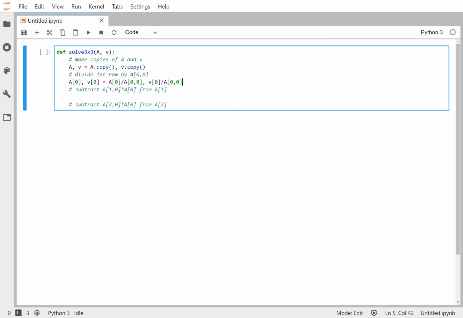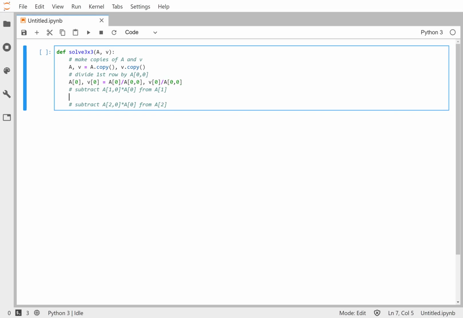Basically, Python evaluates an equals sign here from right to left. So as it goes, it's going to use the old value of A, old value of A, and it's not until it's done that it changes what A was. So you'll be safe if you do it this way. And this isn't the only place in this class where we're going to see this happen. So if you want to change two values, let's call it simultaneously, at least conceptually simultaneously, you can use this multiple assignment here in tuple unpacking to make it all happen at once.